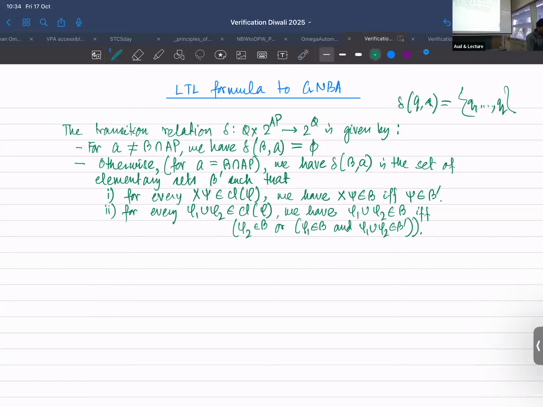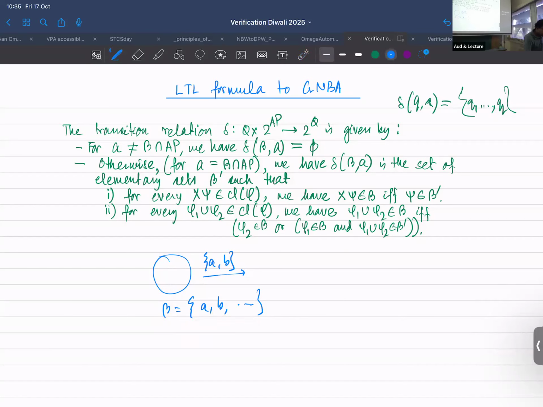So what does it again mean? Suppose you have a state beta, and beta has, among other things, let's say these atomic propositions A and B. It means that it can satisfy the proposition A, and it can also satisfy the proposition B. So from beta, I will allow transitions which will have both A and B. You recall that the states now have these subsets of the subformulas.